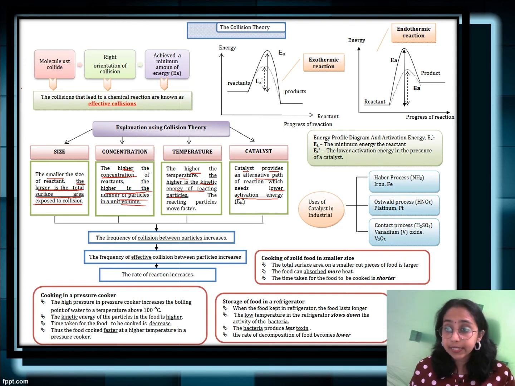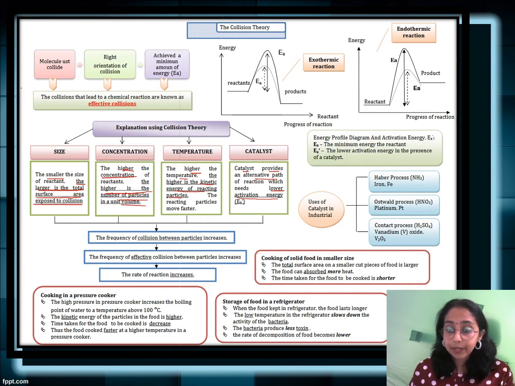Besides collision theory, students, you also must know how we apply the factors which you have learned in chemistry lessons in your daily activities. For example, cooking in a pressure cooker. When you are cooking in a pressure cooker, compared to a normal wok, whatever food is cooked in the pressure cooker will be cooked in a shorter period of time. Why?